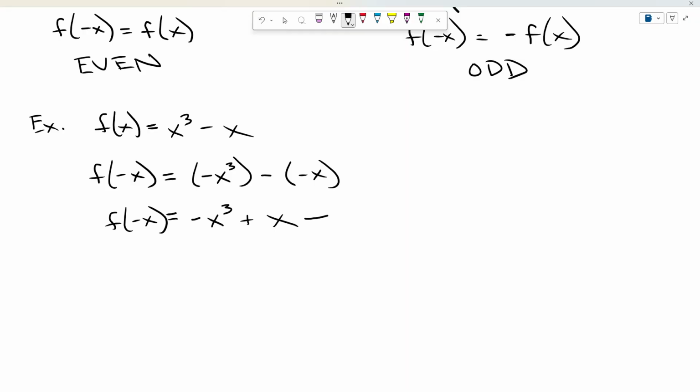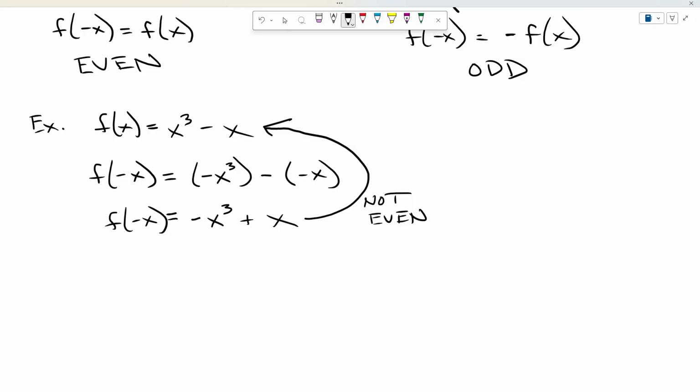All right, so let's compare it. Does that equal the original f of x? And it does not. So we know that it is not even. It doesn't equal the original, so we know it's not even. But now let's try, does it equal negative f of x?